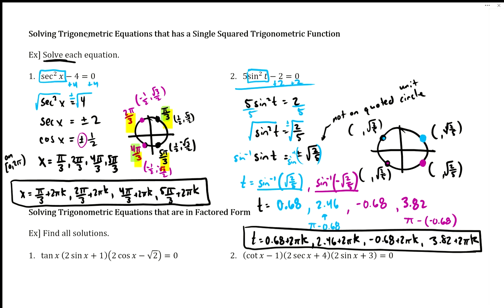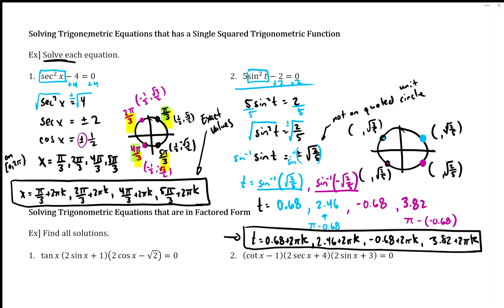They didn't tell us that we were going to use a calculator on this problem, but if you get a value for a trig function that is not on the "quoted" unit circle, then that's when we would need to use it. In the homework, they're usually going to let you know if you have to use a calculator or not, because of the way they word it. Remember, these are exact values, like in the first problem, because we didn't need a calculator.